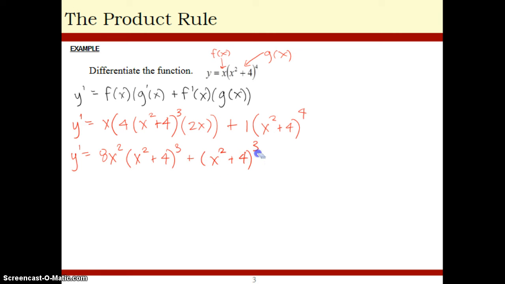Wait, this isn't cubed, this should be the fourth. We can factor x squared plus 4 cubed out. Okay, so let's erase this real quick, the main mistake.